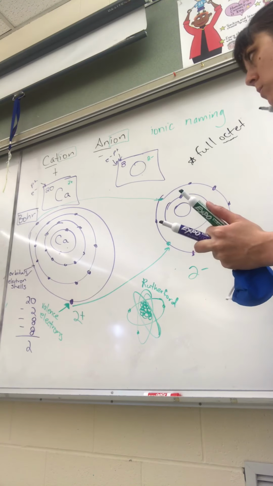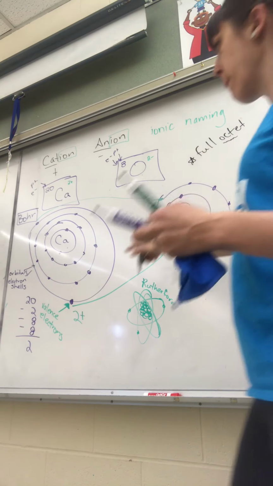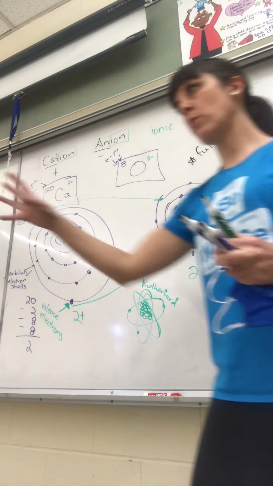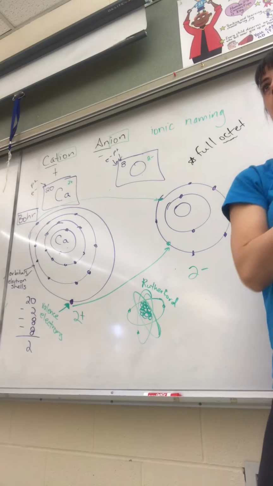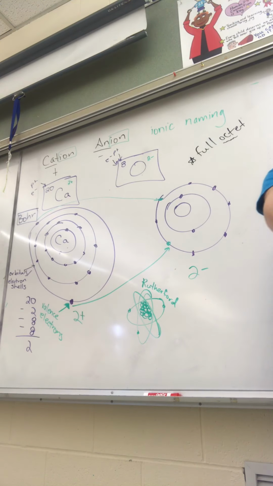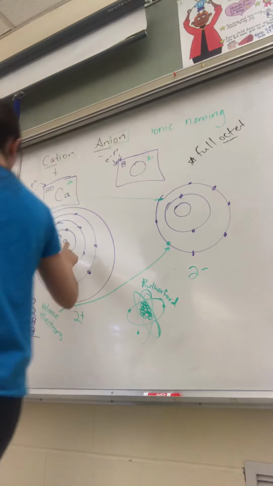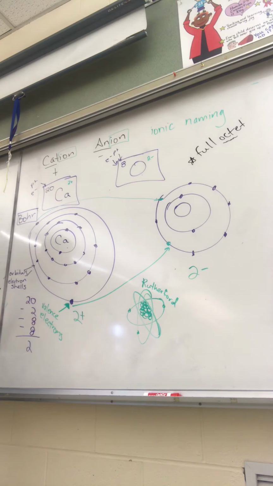So what oxygen will do, if it has a chance, it will steal the electrons from calcium. If I'm taking away negativity, like you're in a bad mood and I took your negativity away, you're feeling more positive. So the ones who lost electrons are positively charged. These are called cations, like a cat. Meow.